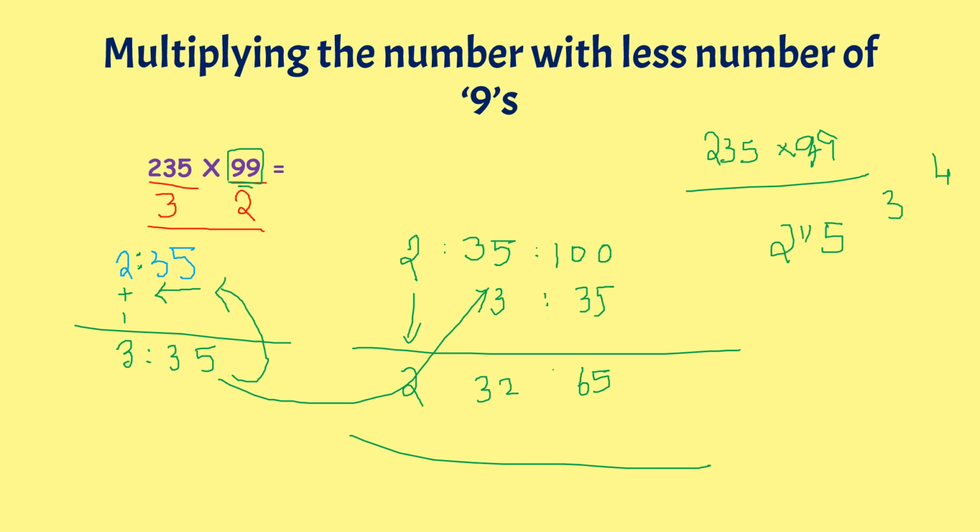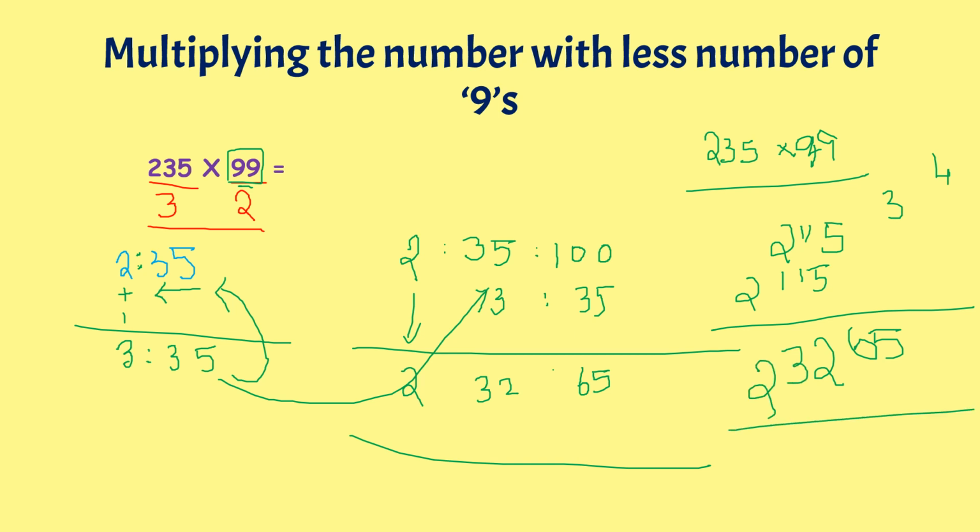Again the same, 2115. If we add this, 5, 6, 2 3 2. So I think both are equal, right?